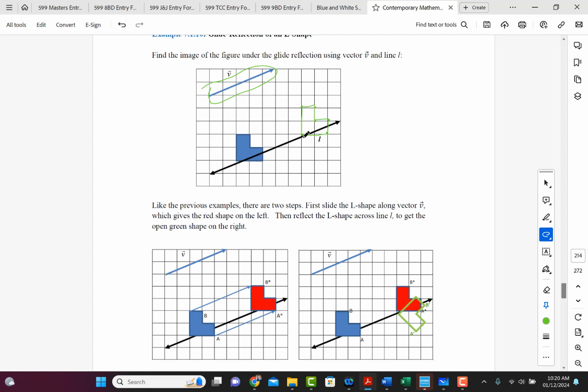Now what I'm going to do is I'm going to reflect all the points across the line. So one point's on the line. Well, it's almost on the line, but we're gonna flip this one. So I'm gonna put a point right here, and this one's gonna go approximately here.